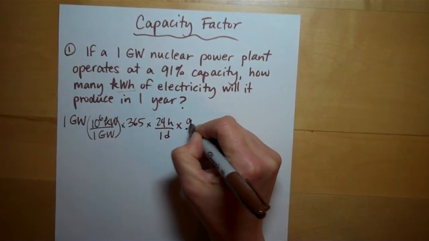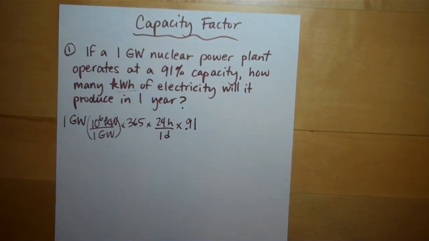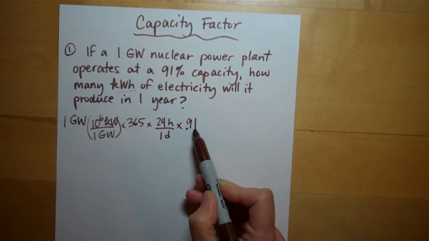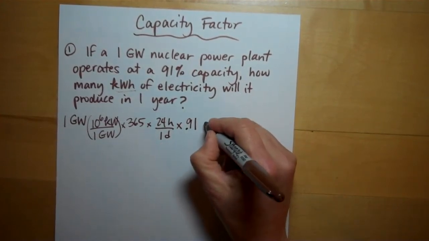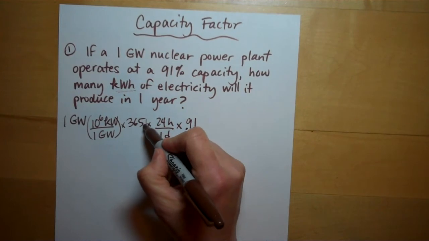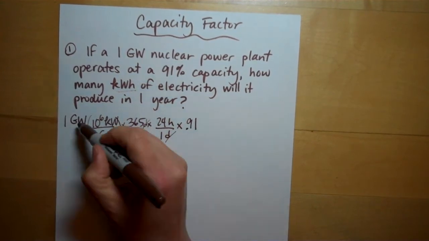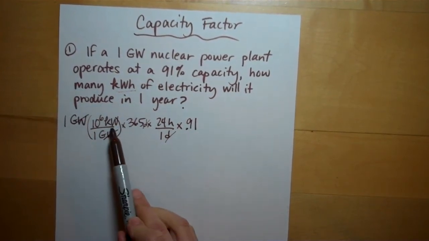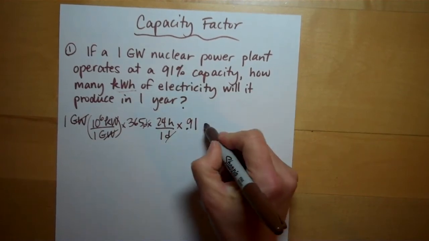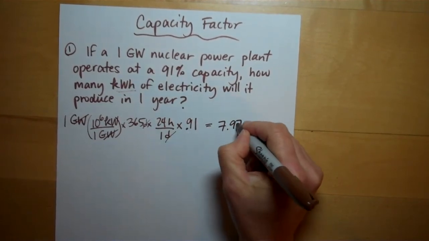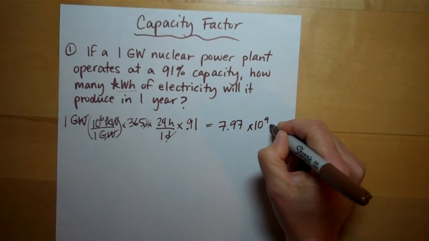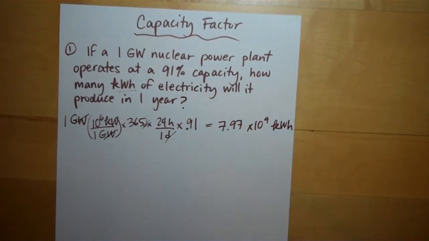We have to reduce that by the capacity factor, so multiply by 0.91. So days cancel out, and gigawatts cancel out. We're left with kilowatt hours. So it comes out to 7.97 times 10^9 kilowatt hours.